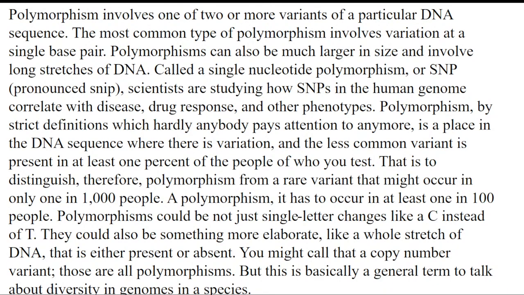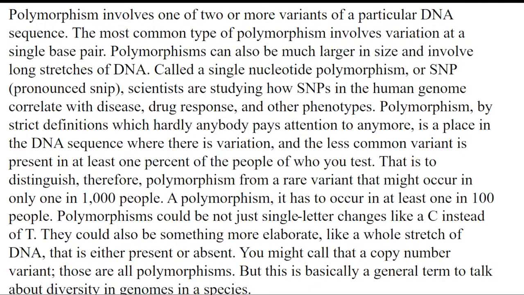Polymorphism, by strict definition, which hardly anybody pays attention to anymore, is a place in the DNA sequence where there is variation and the less common variant is present in at least 1% of people who you test. Which is to distinguish, therefore, polymorphism from a rare variant that might occur only 1 in 1,000 people.